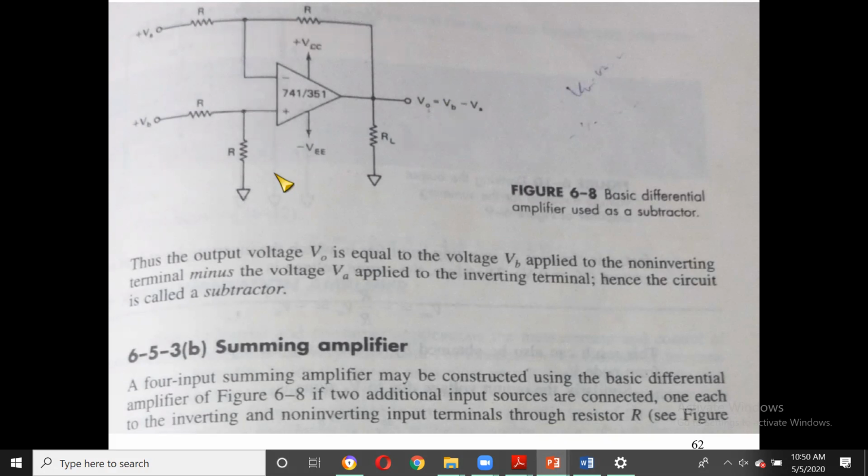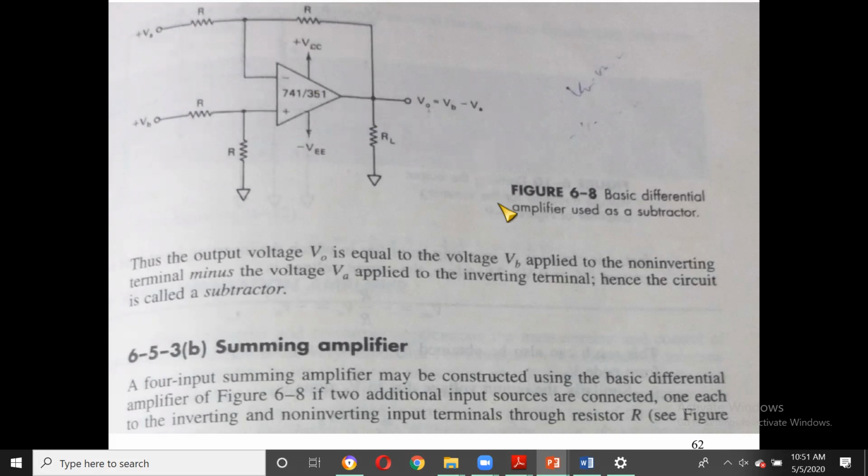When VB is 0 and VA is considered over here, that is again according to the superposition principle, then this point is effectively grounded, and the rest of the thing is an inverting amplifier. So the output corresponding to that will be V0 equal to minus VA. And if you apply superposition, you should take the sum of that. VB minus VA will be the value at the output.